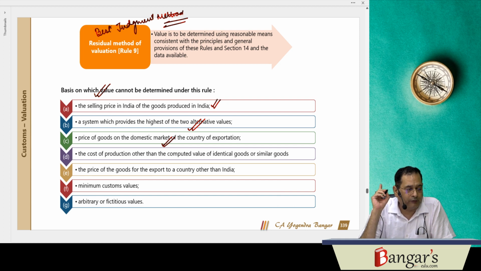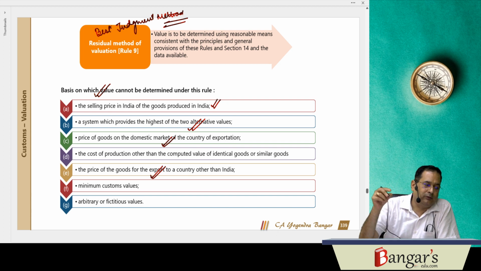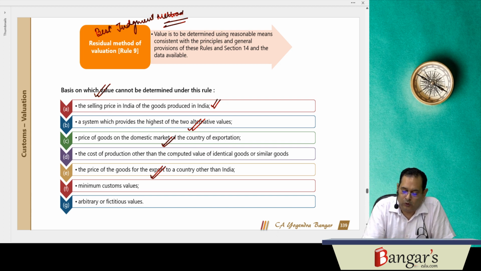If goods are imported from London, the price in London cannot be taken as a basis. The price at which goods are sold for export to a country other than India will not be the basis. Cost of production other than the computed value of identical goods or similar goods. So we can take the computed value of identical goods or similar goods. Minimum custom values or arbitrary or fictitious values cannot be taken.